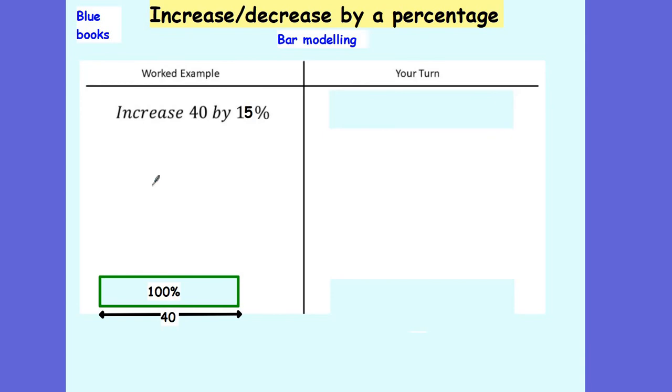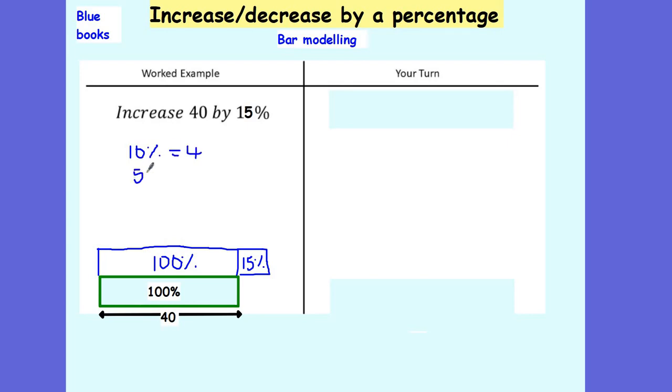Okay, pens down. I'm going to go through an example, then you're going to go through an example. This time I'm increasing 40 by 15%, so my bar looks the same. Here's my 100%. This time I'm adding on 15%. We know that 10% was 4.